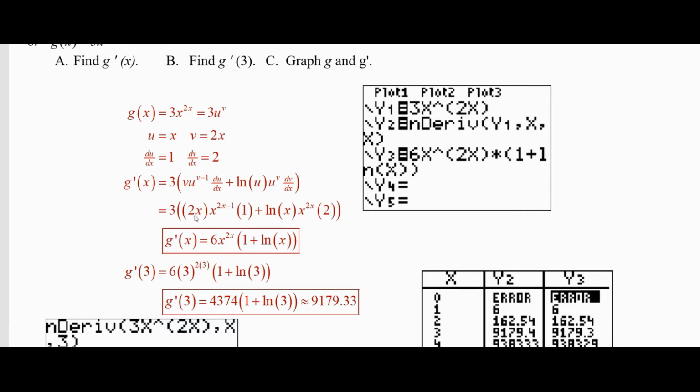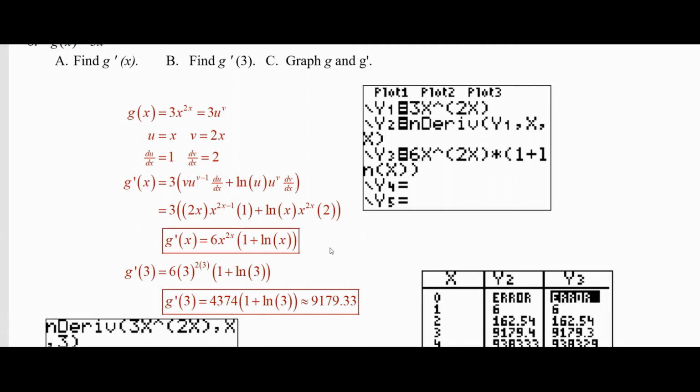And what's left? Nothing's left here because all of this was canceled out. In other words, if you take all of this and multiply it together by 3, you'll get 6x to the 2x. So that just leaves a 1 there, plus natural logarithm of x. So the final answer for the derivative g prime of x is 6x to the power 2x times parentheses 1 plus natural log of x, close parentheses.